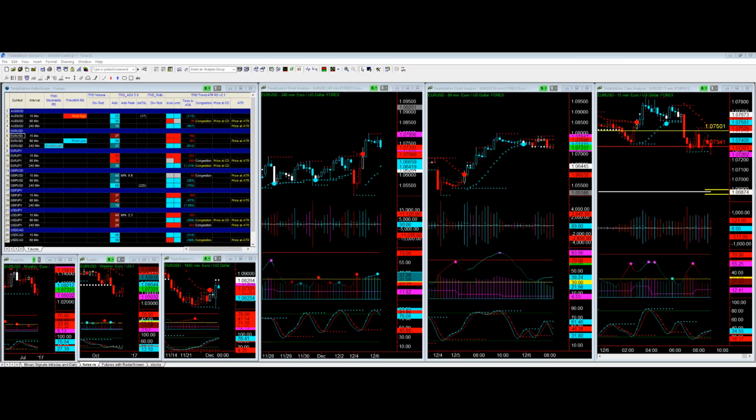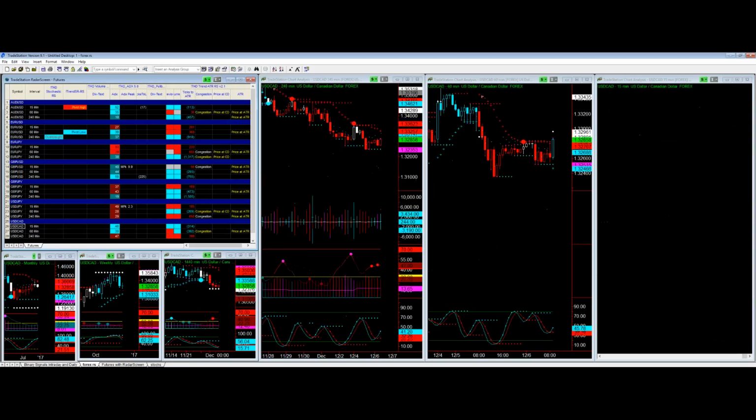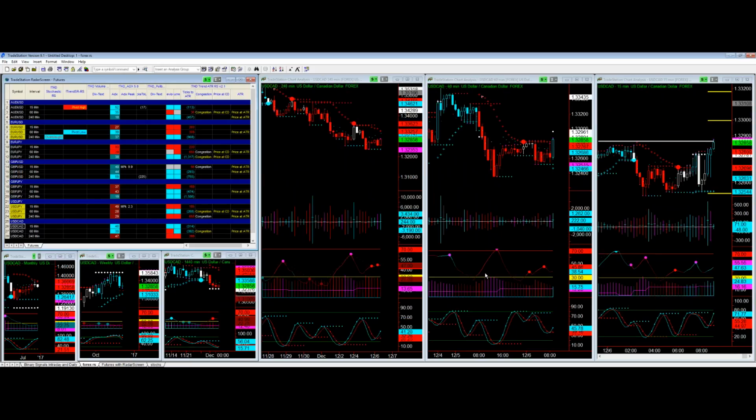On the US CAD, it's probably going to move up, but you've got resistance at 32.96 and at 33.25.